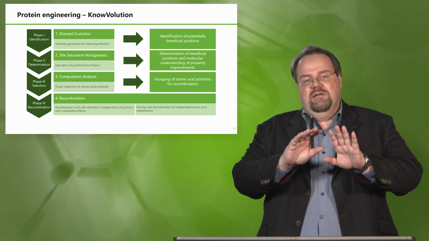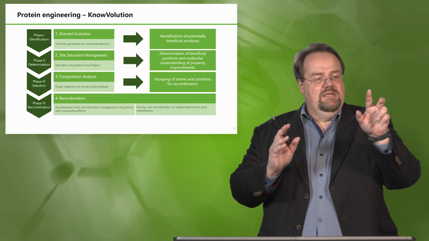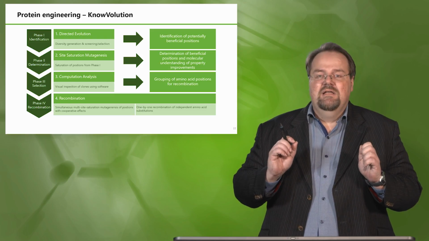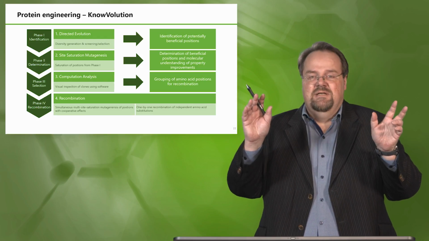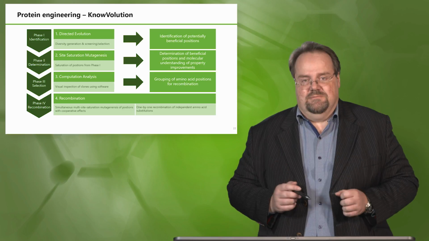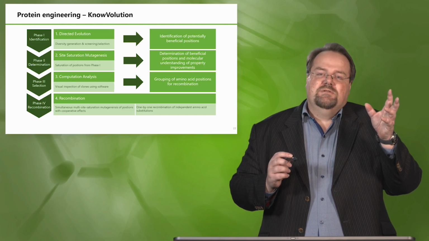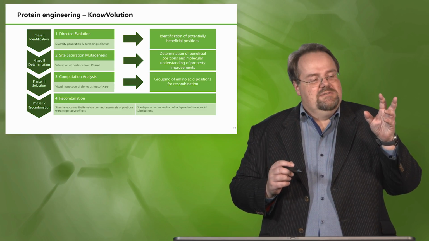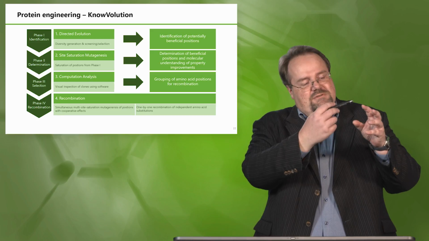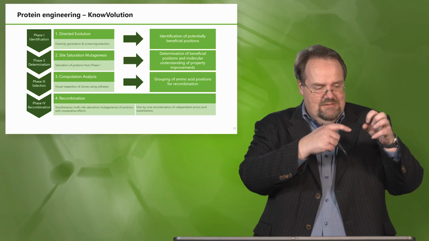And if you then now analyze on the protein structure where these positions are located, they usually cluster in 1, 2, or 3 areas that are quite close to each other. And if you then group them according to their location in space, you can then, for example, when you have 5 positions on one side, simultaneously exchange all the amino acid side chains.